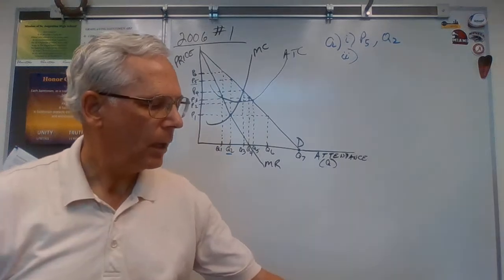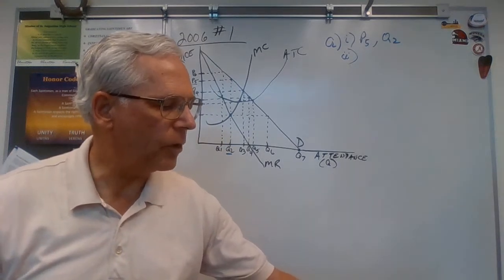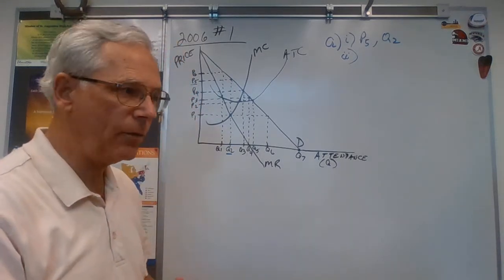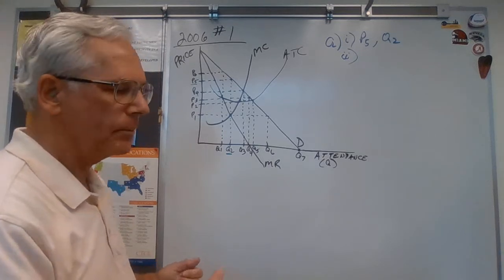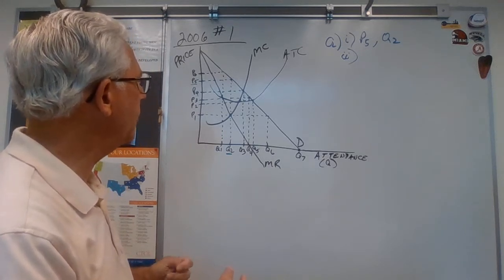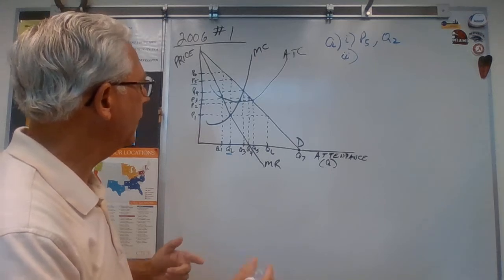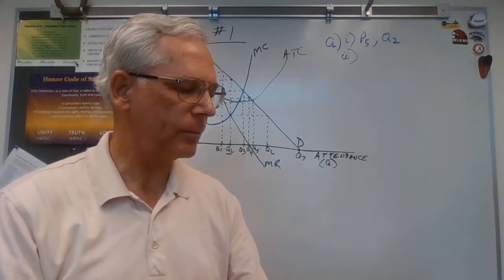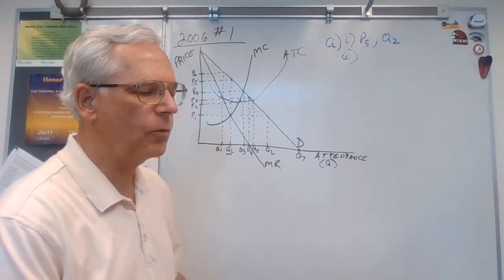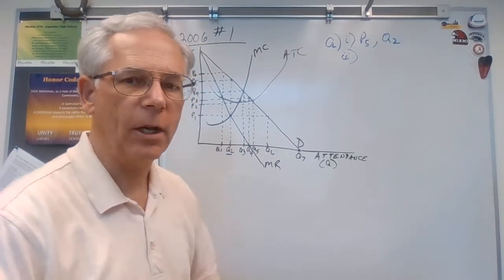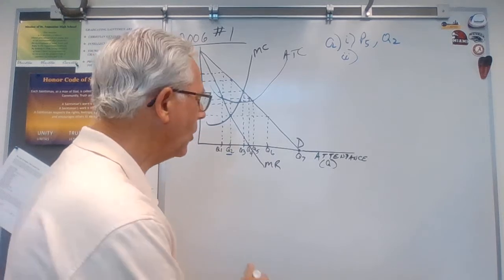Part 2, A2. The museum wants to maximize total revenue. Where do they maximize total revenue? They maximize total revenue where E equals 1, elasticity equals 1. Where does elasticity equal 1?